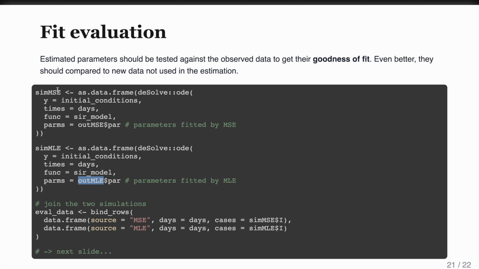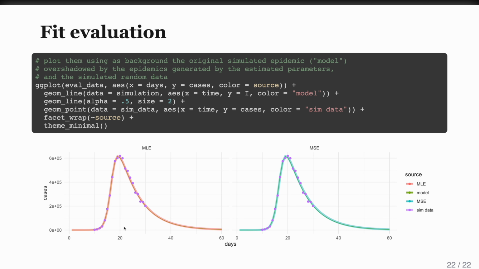Then we join the data from these two trajectories into one single data set. We just keep the number of infectious cases. We don't care about susceptible and recovered individuals in this case. And we give a different label to the different simulations. Then we plot this data.